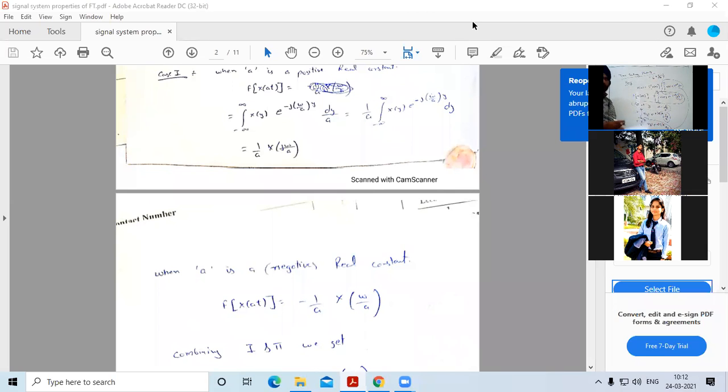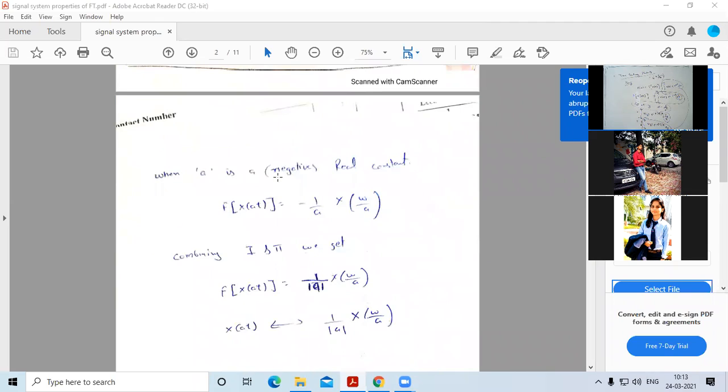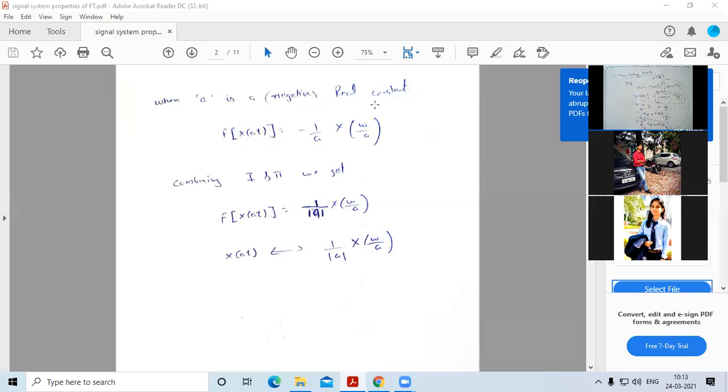Now we will consider two cases. Case one, the positive value of a. Case two, the negative values of a. As I am showing on your screen, when a is a positive real constant, the value is 1 by a X of j omega upon a. If a is a negative real constant, it is minus 1 by a X of omega upon a.